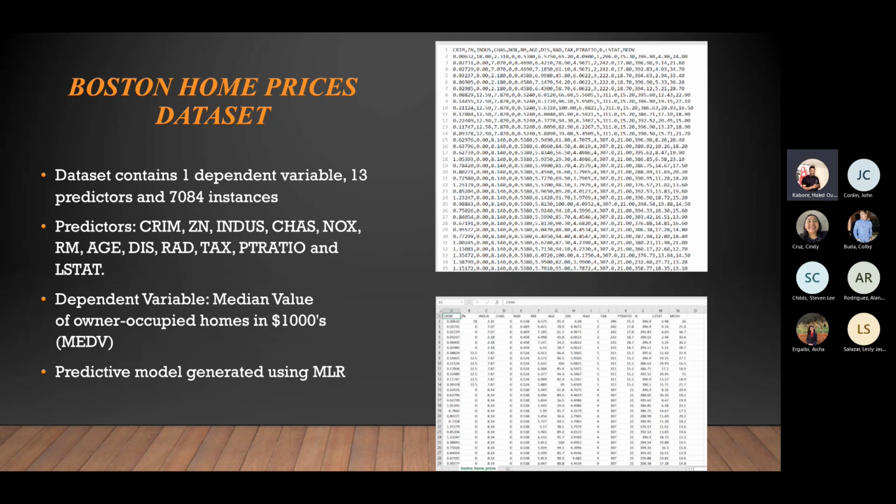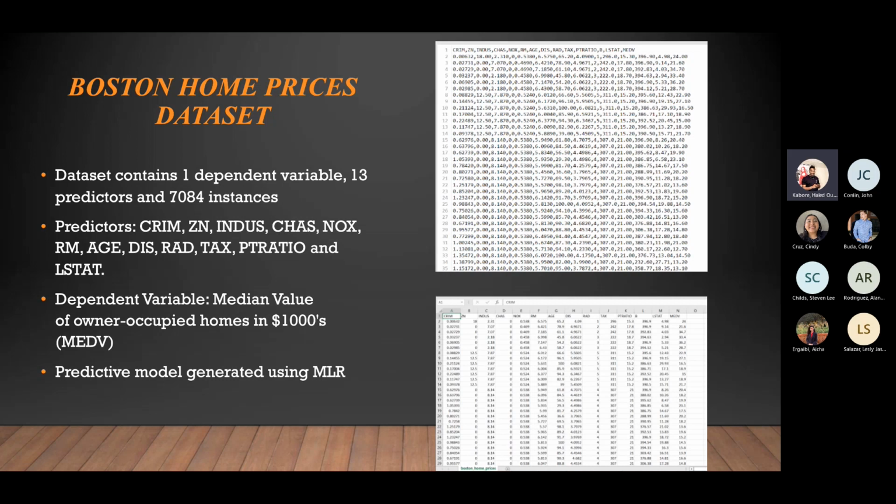NOX is literally going to mean nitric oxide concentration. And we also have RM, which means average number of rooms per dwelling. And as you can see, we have AGE, which means the proportion of owner-occupied units built prior to 1940.